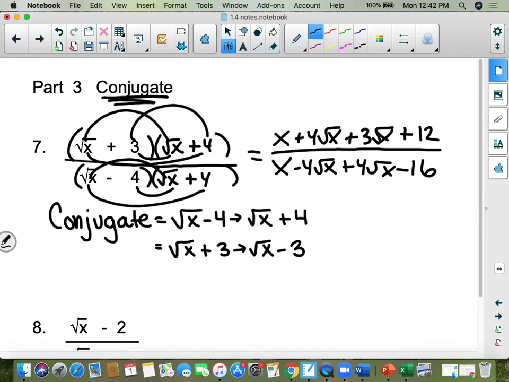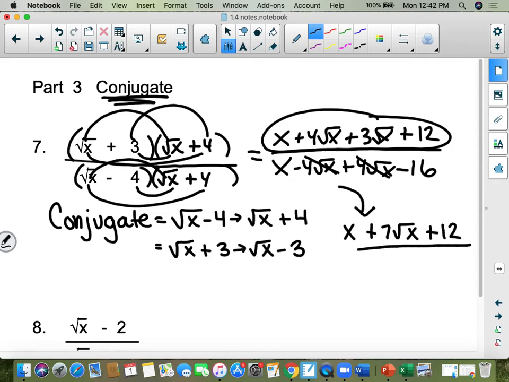When you multiply by the conjugate, the middle two terms cancel each other out and you no longer have a radical in the denominator. So my final answer to this problem is, like terms, I'm going to have an x plus 7 root x plus 12 on the top. Everybody see that I just put the 3 root x and the 4 root x together, and x minus 16. That's all you can do. But did I get rid of the radical in the denominator?